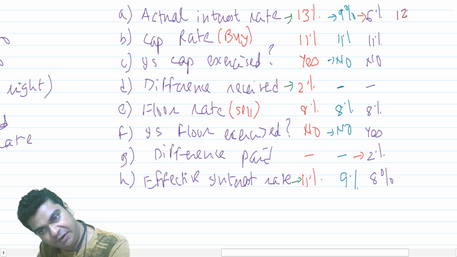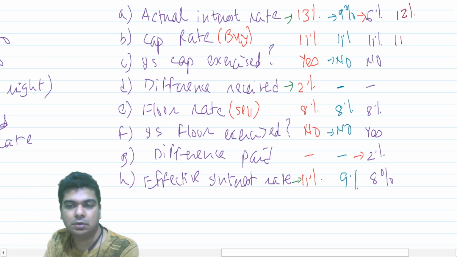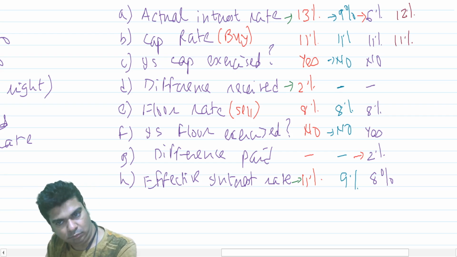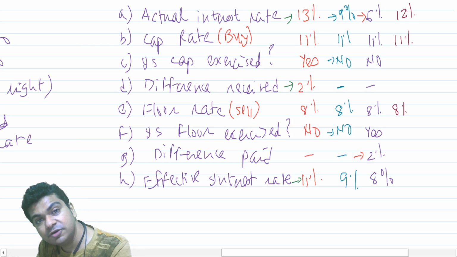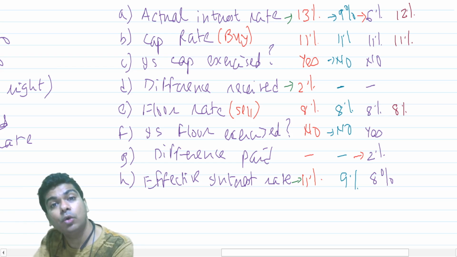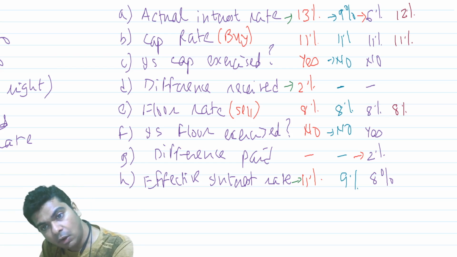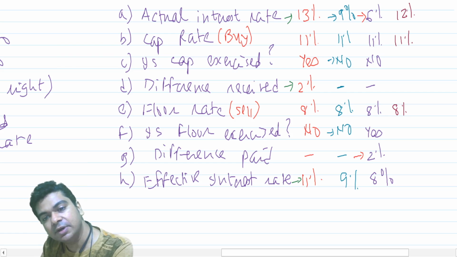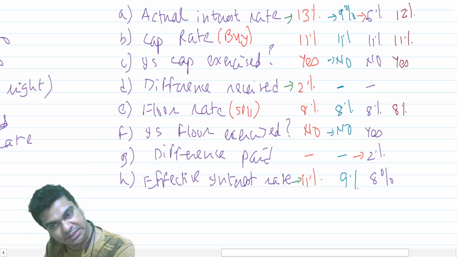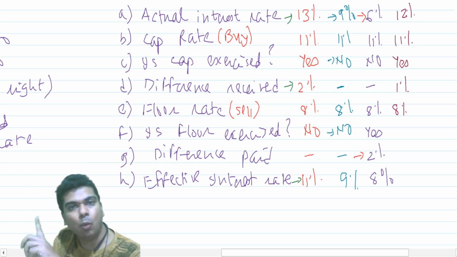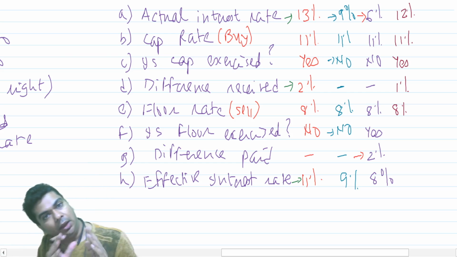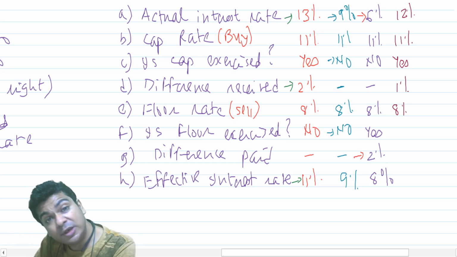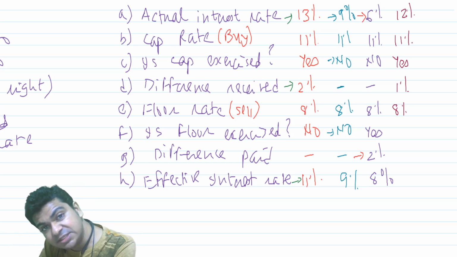What if the actual rate is 12%? Actual rate of interest is 12. New loans are available at 12%, but I can borrow through the cap at 11. Obviously, I will like to borrow at 11. Is the cap exercised? Answer is yes. Difference received 1%. Okay. I have sold a floor. The person who has purchased the floor from me has a right to lend money at 8%.